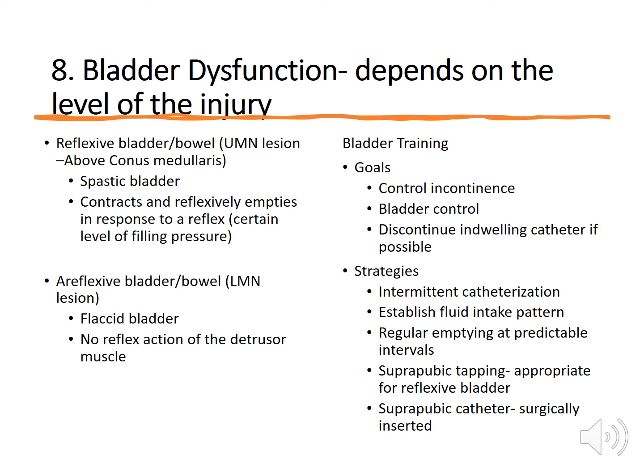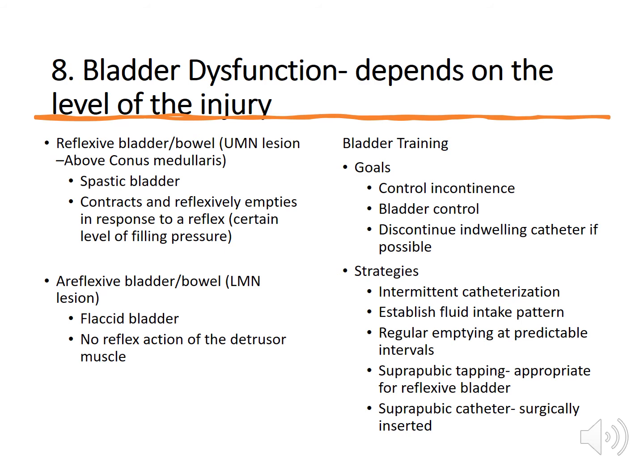Therefore, that's going to make it an upper motor neuron lesion. That upper motor neuron lesion is going to make that patient's bladder spastic, which means that bladder is going to contract and reflexively empty in response to a reflex. And that reflex is typically when that bladder feels that it's full, it's going to automatically void. Therefore, this patient is going to be incontinent.